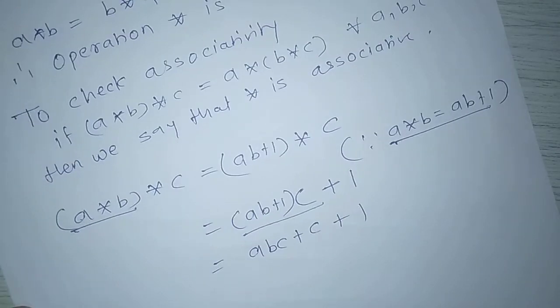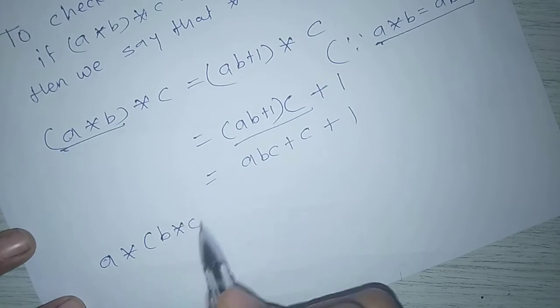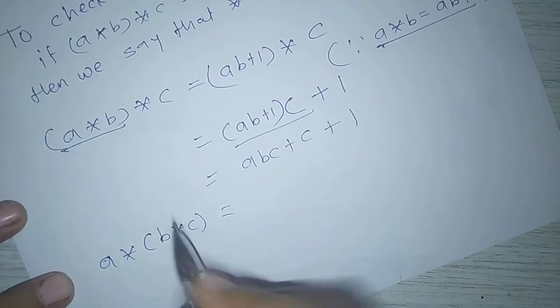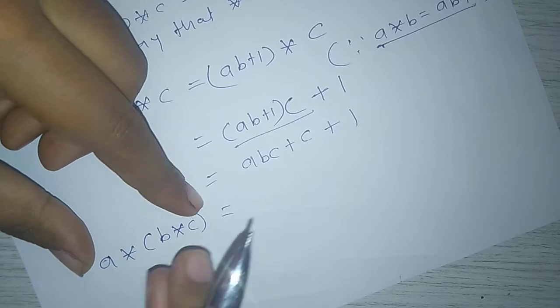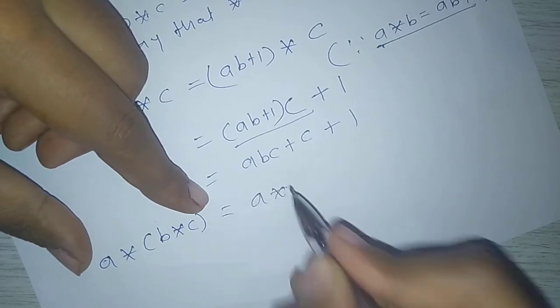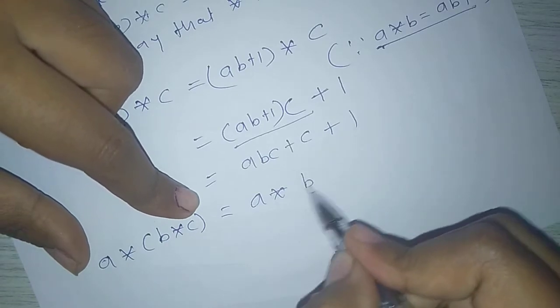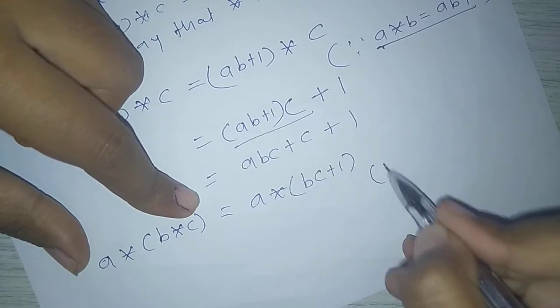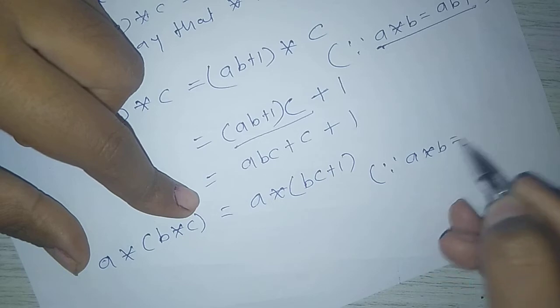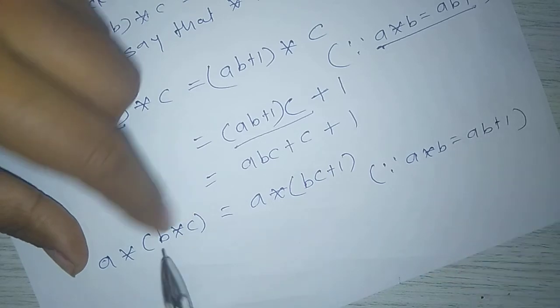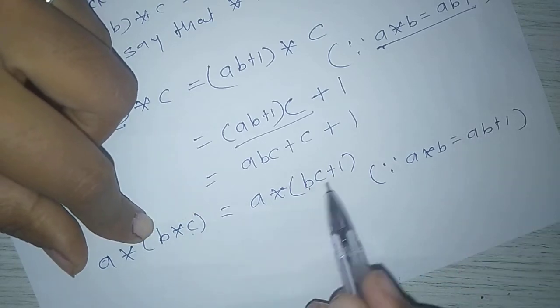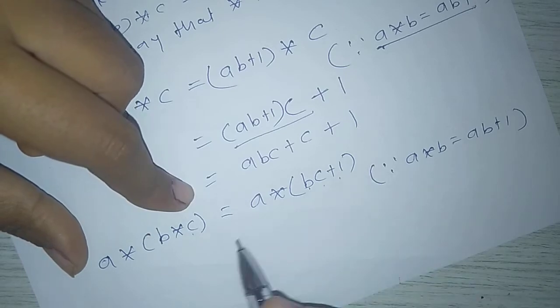Now check A star of B star C. Now apply star on this bracket. A star as it is, B star C is by definition BC plus 1. Here first element B, second element C and then add 1.